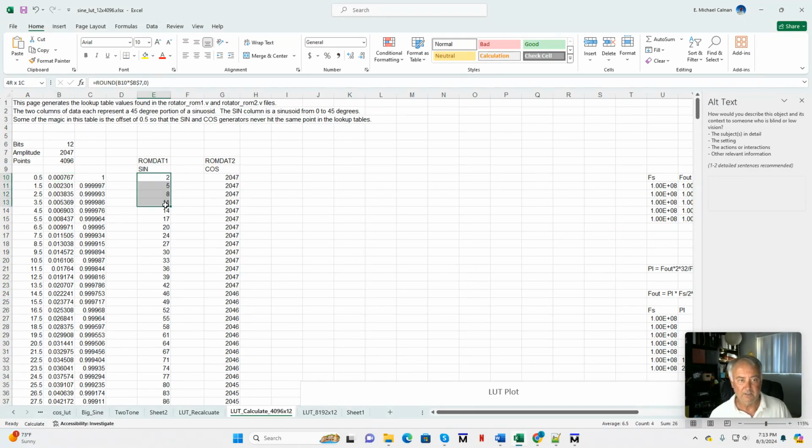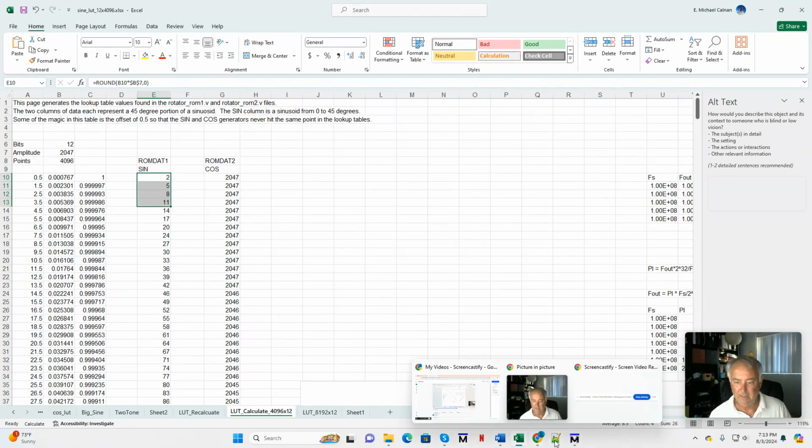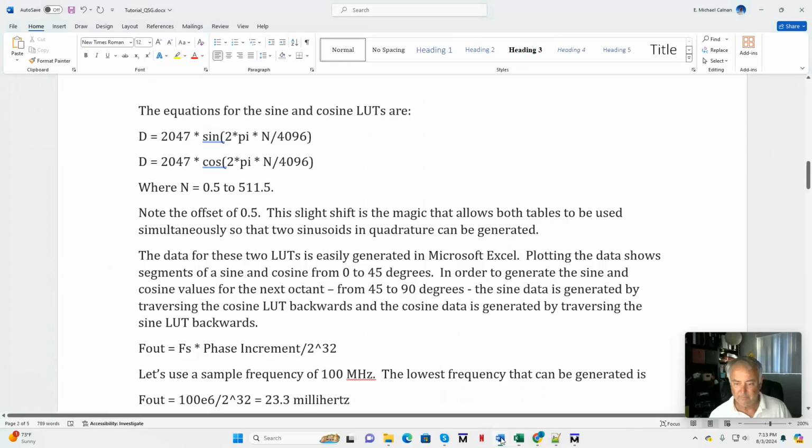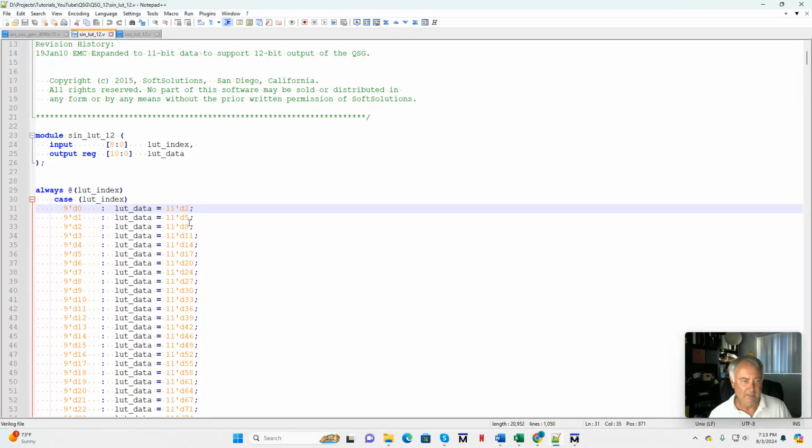You can see the values there, 2, 5, 8, 11 for the sine. All I've done is use some column copy and paste into a text file using Notepad++, my favorite, and I've created my big case statement here.